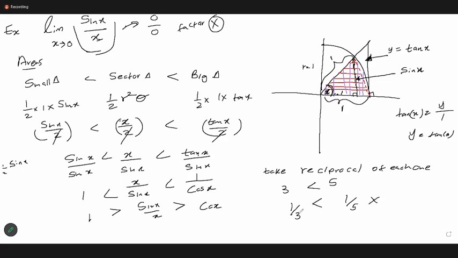Why? 1 over 3 is greater than 1 over 5. So you need to change the direction. That concept we need to apply when you take the reciprocal. So we need to change the direction of this inequality.